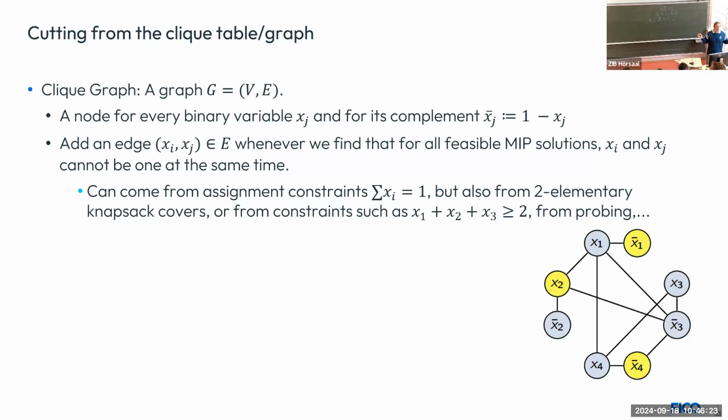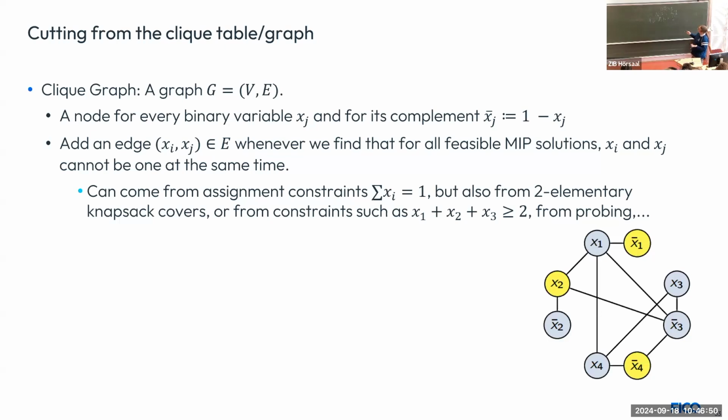So where can you derive such connections, that two variables cannot be one at the same time? For example, from assignment constraints, the typical structure from yesterday's modeling presentation. Obviously, you could add an edge to your clique graph for each combination of x1s here.